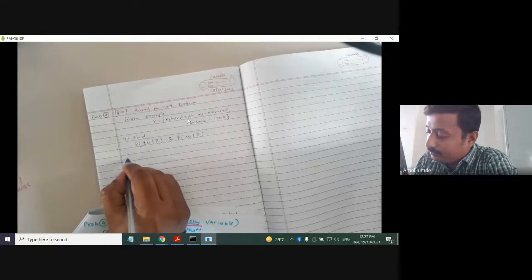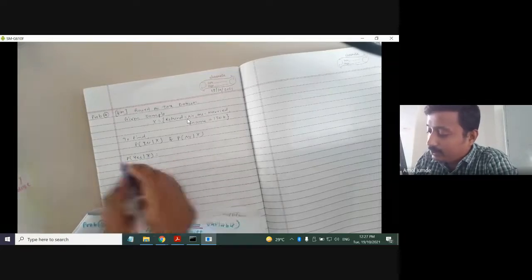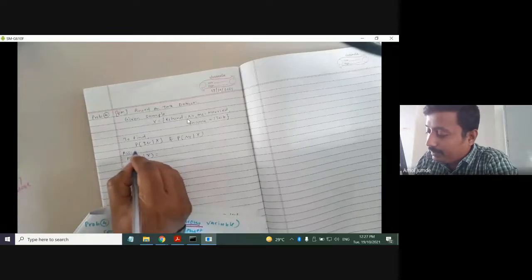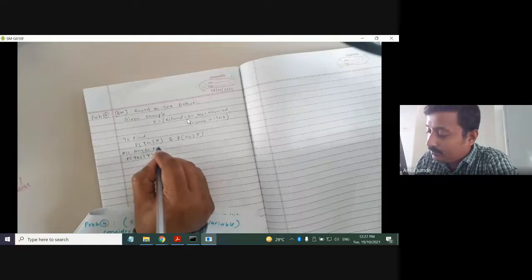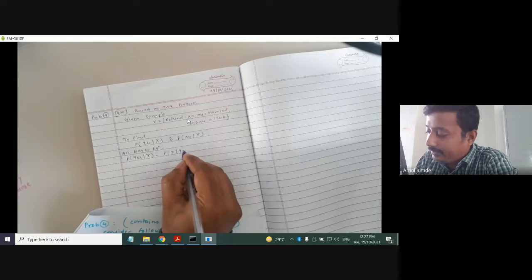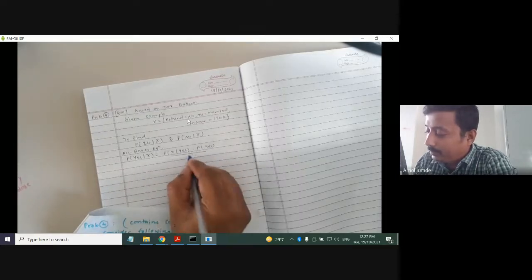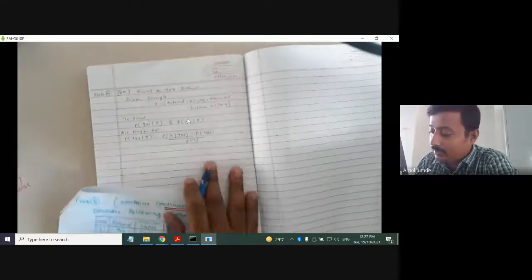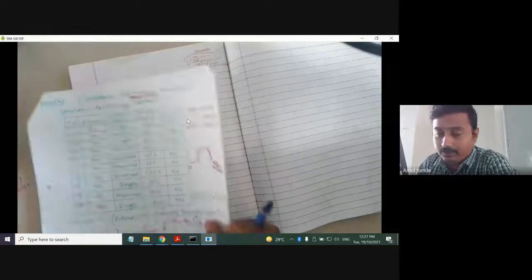According to the Bayes equation, the probability of yes given X becomes probability of X given yes into probability of yes divided by probability of X. The probability of yes can be easily found from this.